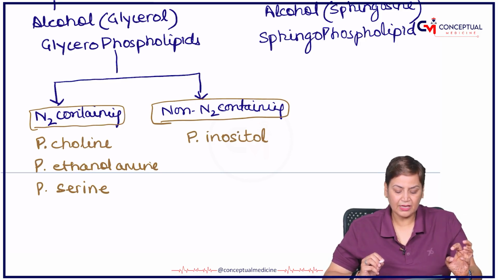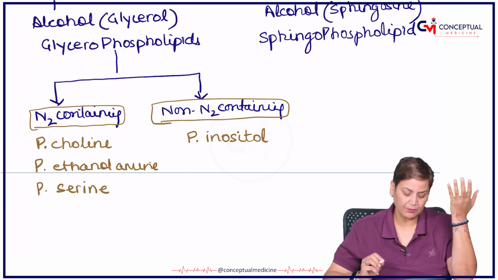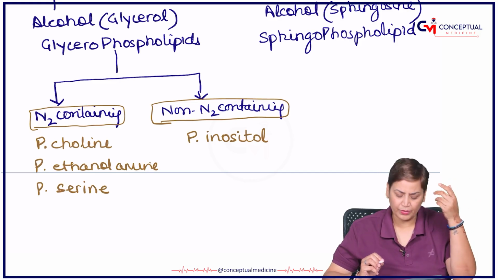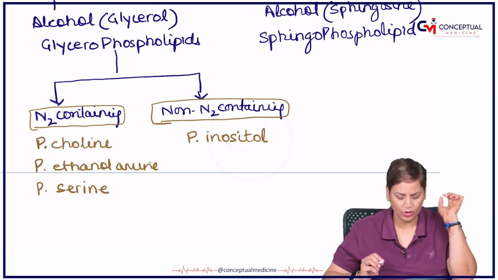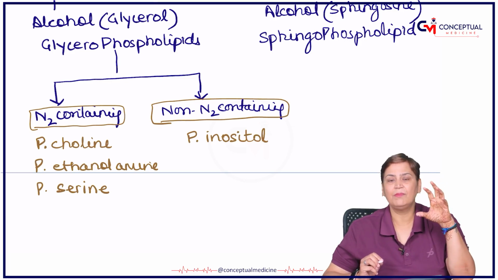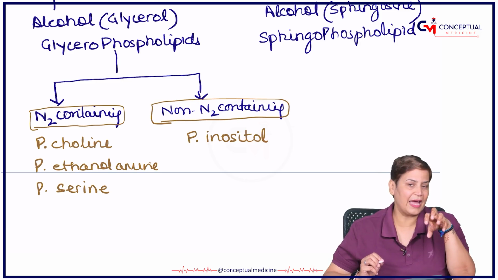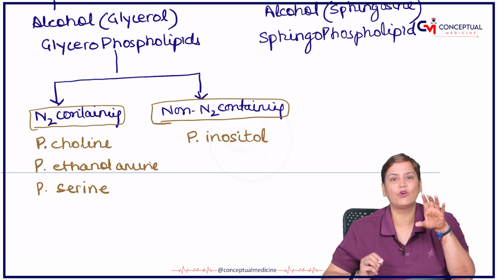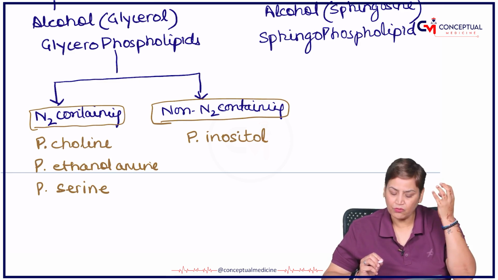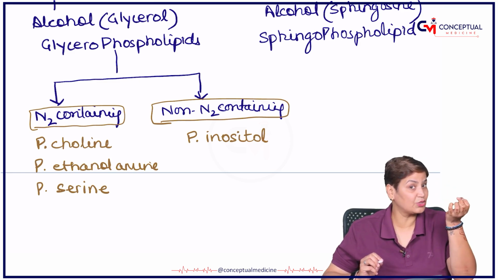Now see what is the significance. Nobody is going to ask you to write the structure of ethanolamine or serine. But yes, the phospholipid structure can be asked. Why? Because of the mode of action of the enzyme phospholipases. Phospholipases is that class of enzymes which act on phospholipids.